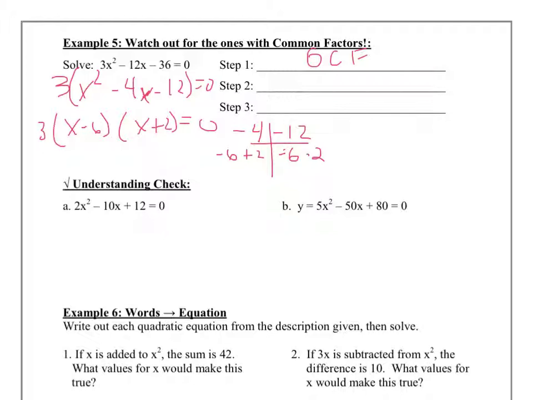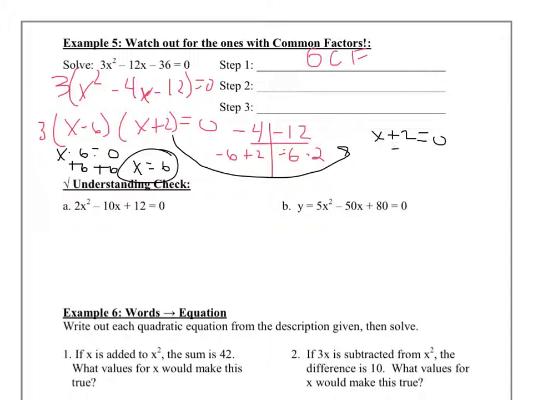Okay, and finally, setting each part equal to 0, x minus 6 is equal to 0. So now I have x is equal to 6. And then also, bring it over here, x plus 2 is equal to 0. So x is equal to negative 2.